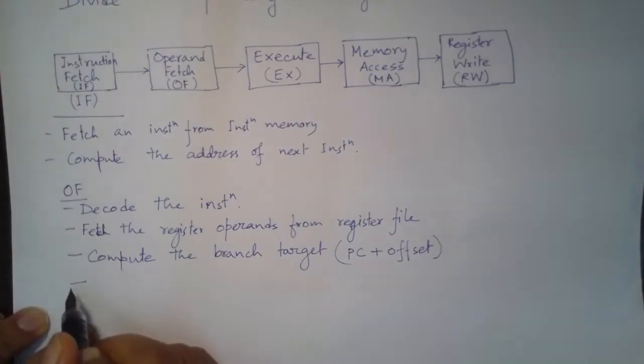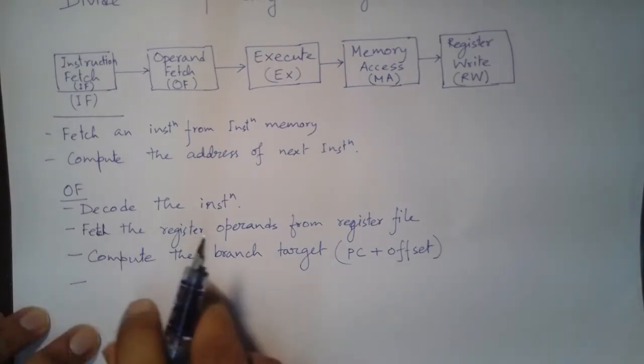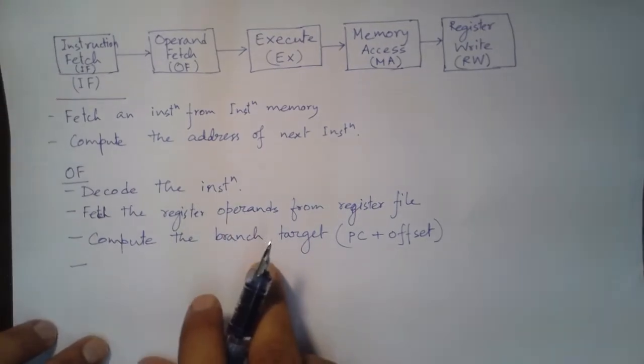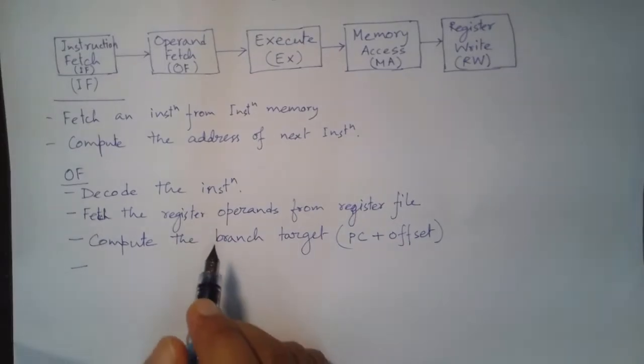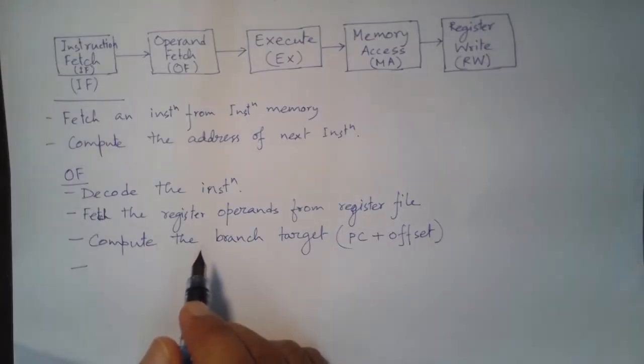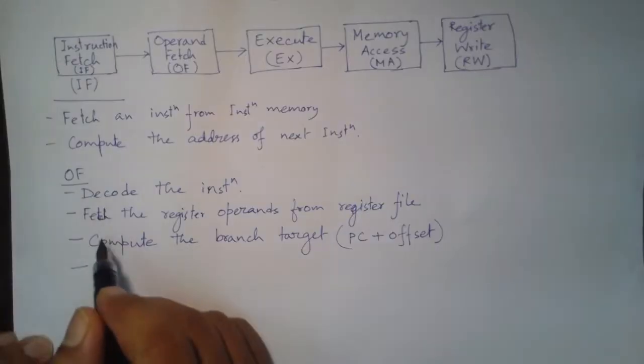Now, apart from that, how about if the operand is an immediate value? We know that in simple RISC the immediate was 16 bit, and there were 2-bit modifiers. So converting that 16-bit immediate value to a 32-bit value is also done in this OF stage.